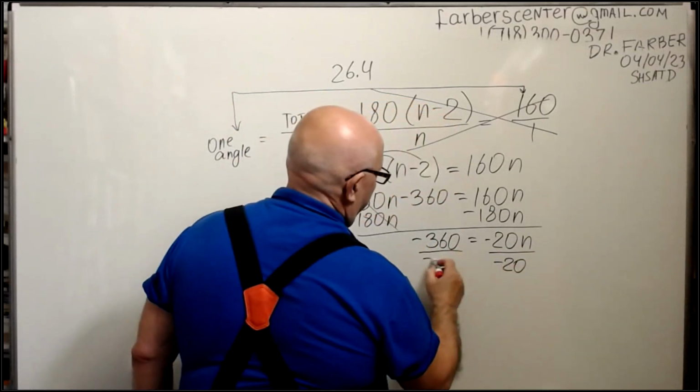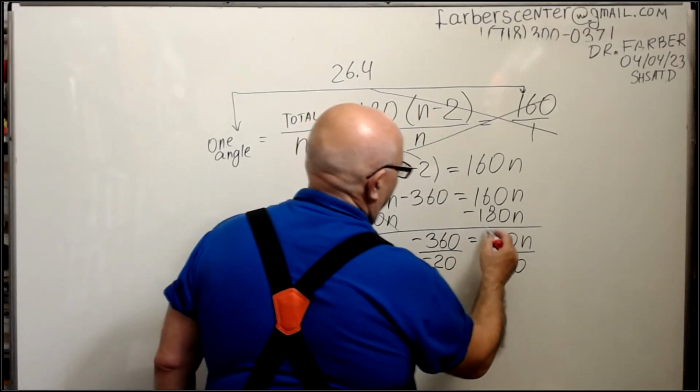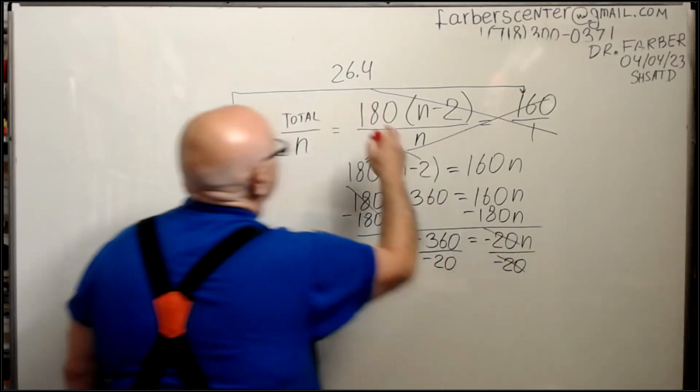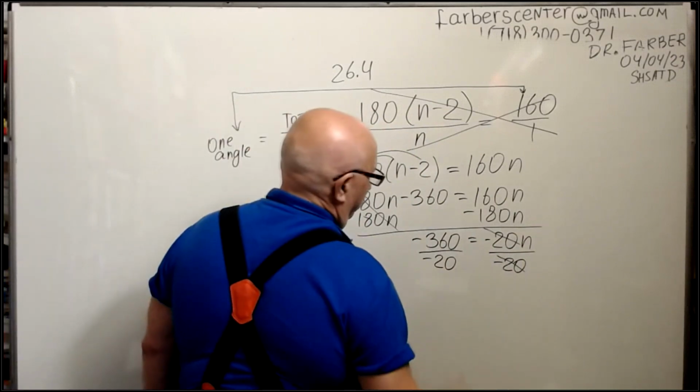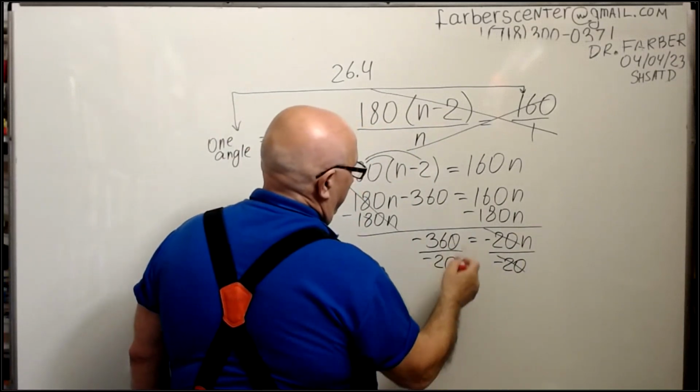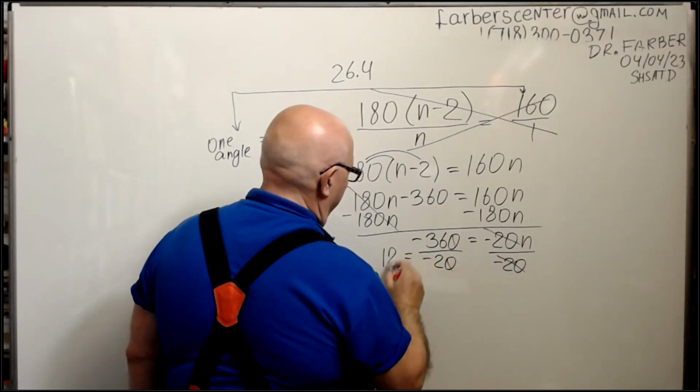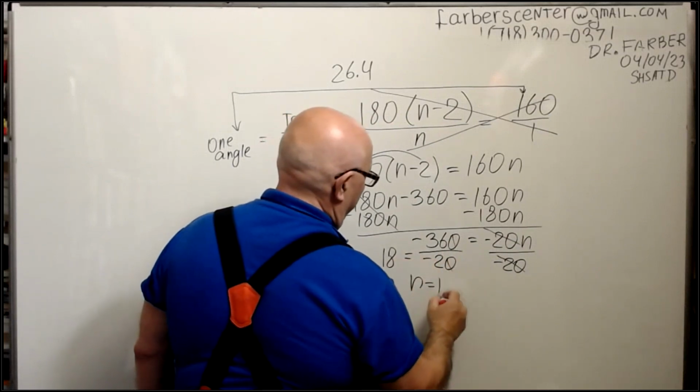So all exercises from this and out are based on this and these formulas. Okay, and you simplify, this would be 18. N equals 18.